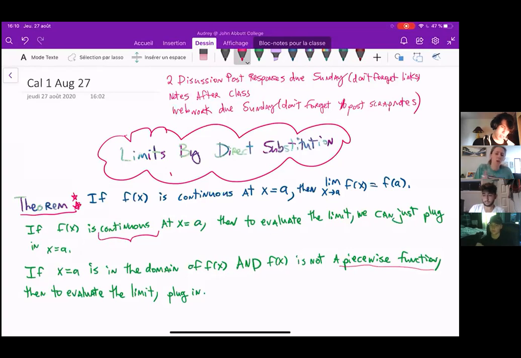So if it looks normal, then it's not piecewise. So I'm just going to do, so that would be an example of a piecewise function. We have it defined by multiple different functions. Again, we'll do a big review later. This is just to start you off.